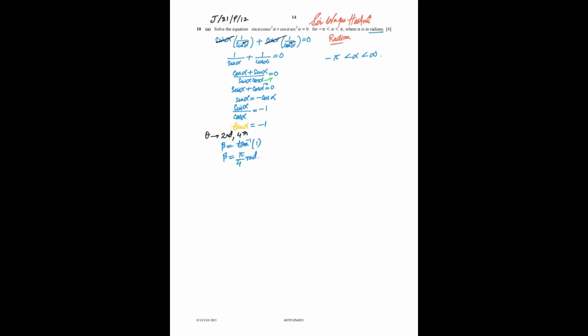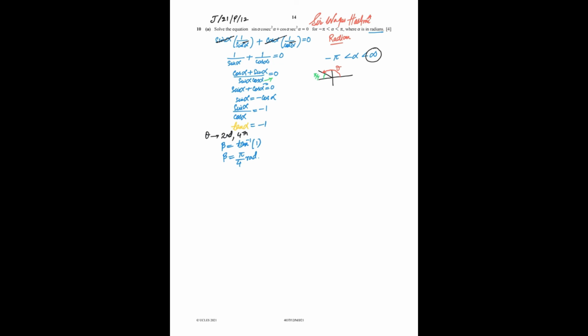If we consider the positive side first, counterclockwise, we need to go to the second quadrant. So the theta we have in the second quadrant is this one. That is the angle we are looking for, and the base angle beta we found in this question is pi over 4.